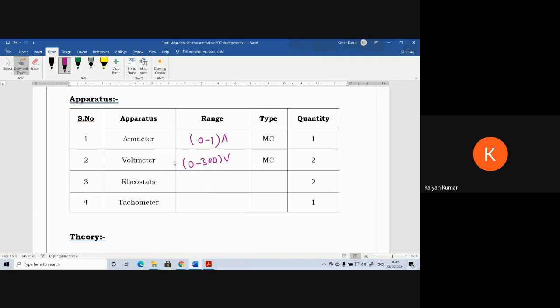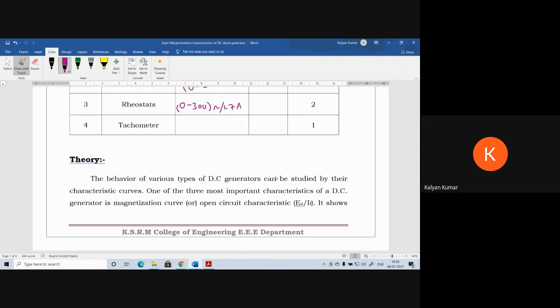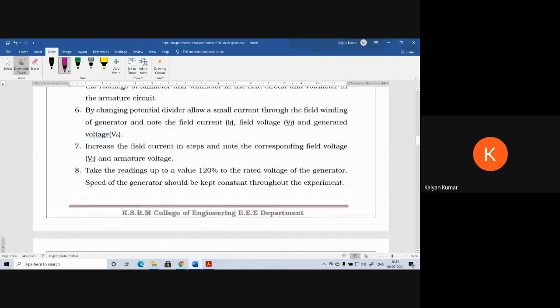The potential divider is used in the field circuit of the generator, and the field rheostat is used in the motor field circuit. The rheostats range from 0 to 300 ohms, 1.7 amps, so they require 2 in quantity, and 1 digital tachometer we are going to use.